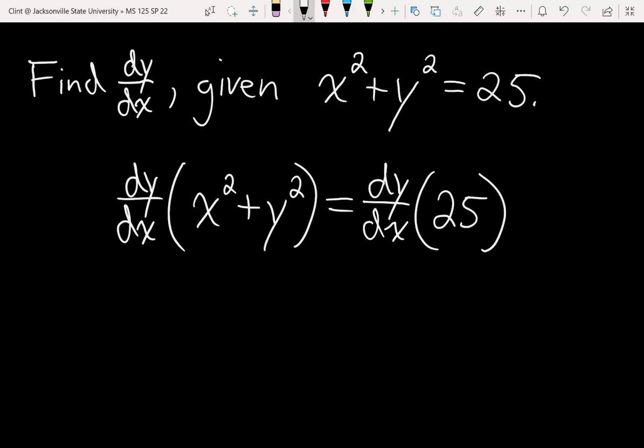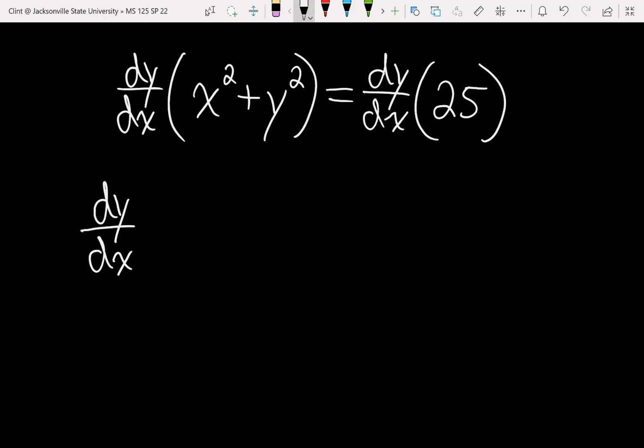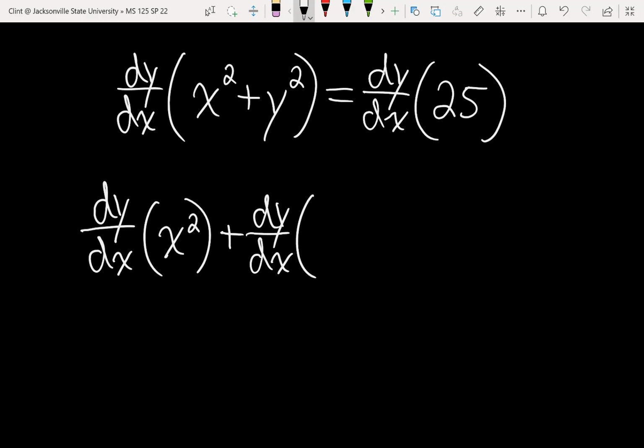And so on the left, the way we would find the derivative of that side, we have a sum. We would find dy dx of the first term, x squared, plus dy dx of the second term, y squared. And then, no big deal on the right, we just have the one term.